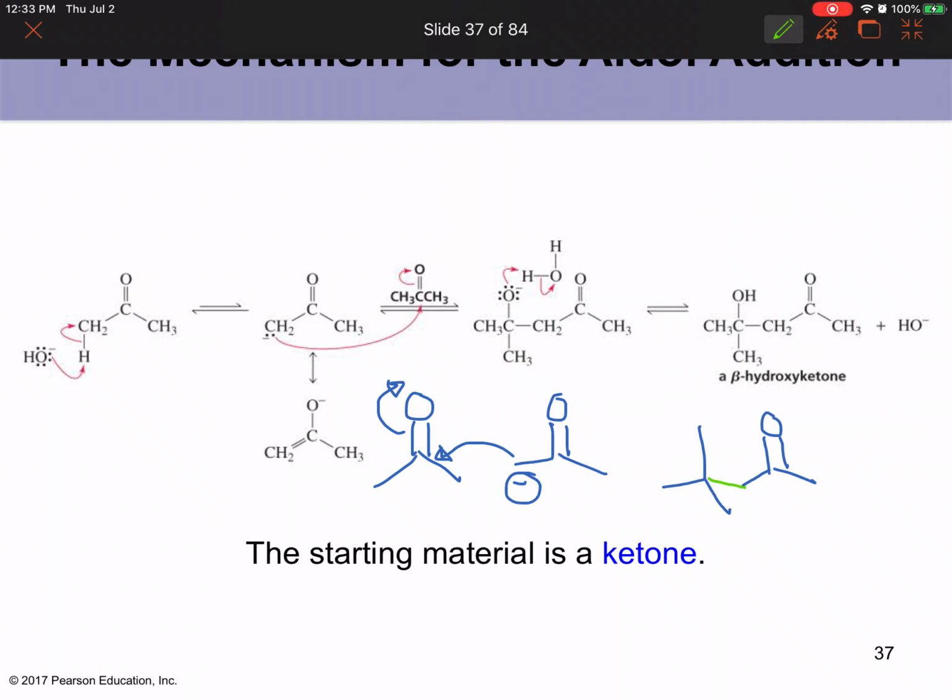This is the newly formed bond, and this would become OH. So this is your alpha carbon, this is your beta carbon. The beta carbon will carry the hydroxyl group where you initially had the carbonyl group, and the substituents that you started with are going to be over here. Do you see the connection?